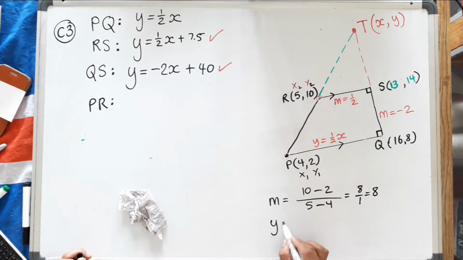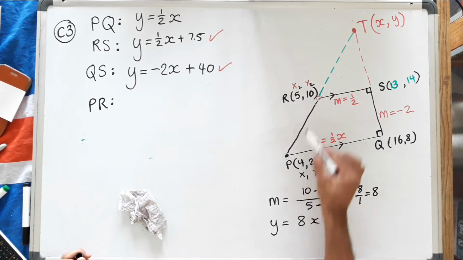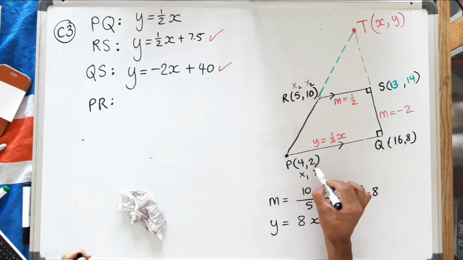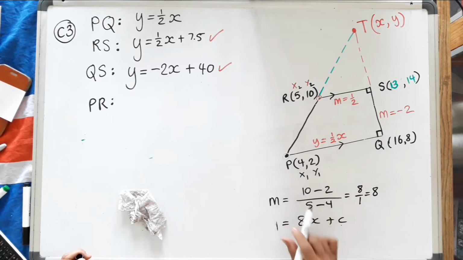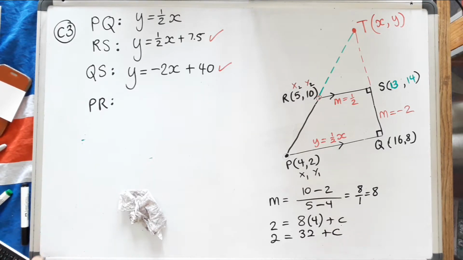Let's find C. Y is equal to mx plus C. We know m is 8. To find C, we choose 1 point on the line. I'm going to choose this one. Replace y with 2. Replace x with 4. Please put your brackets. 8 by 4 is 32 plus C. So, throw across the positive 32, you get minus 32.